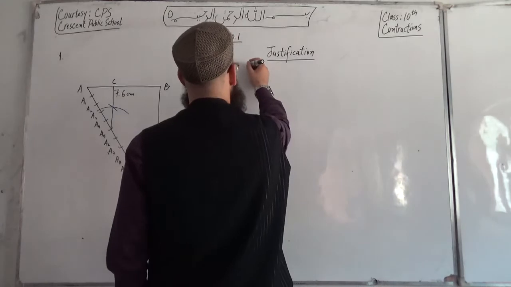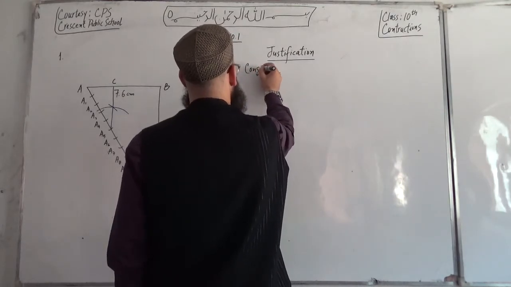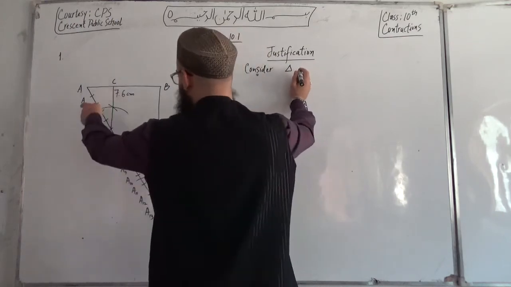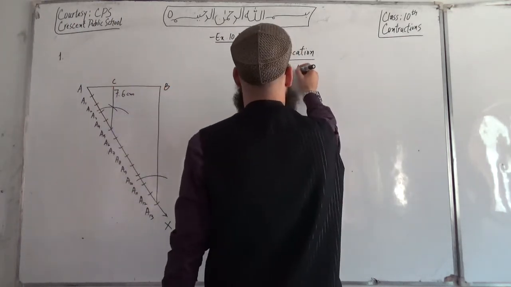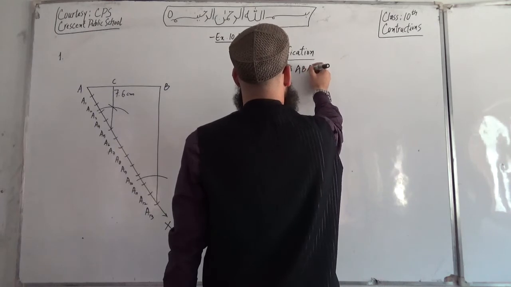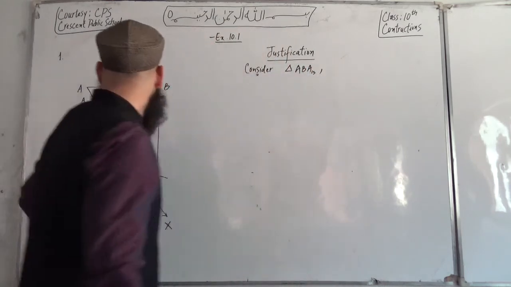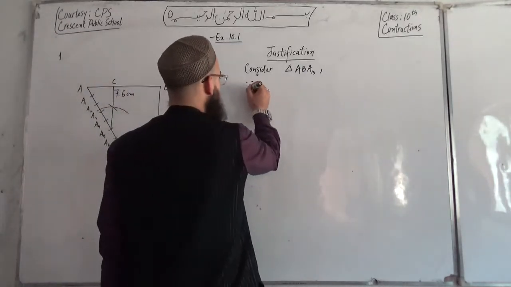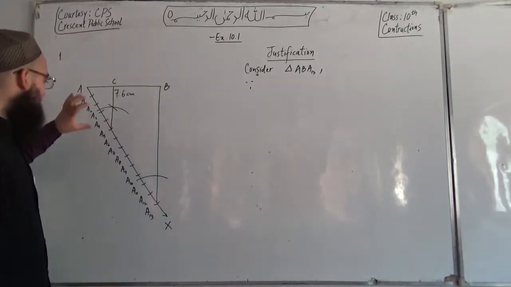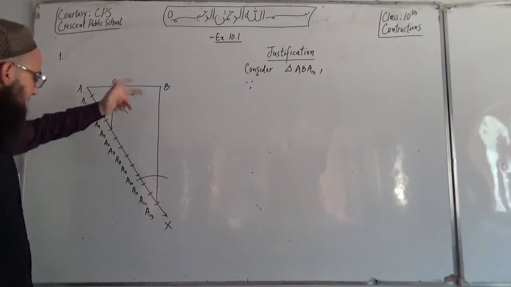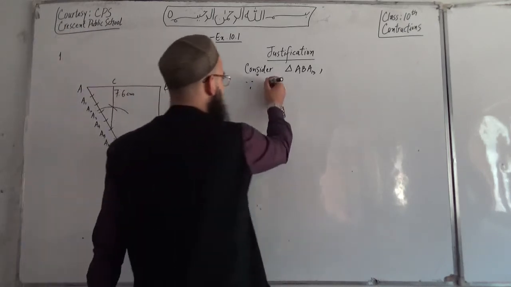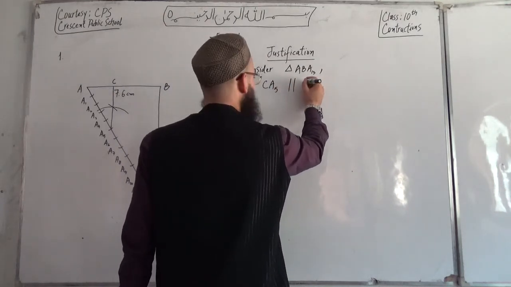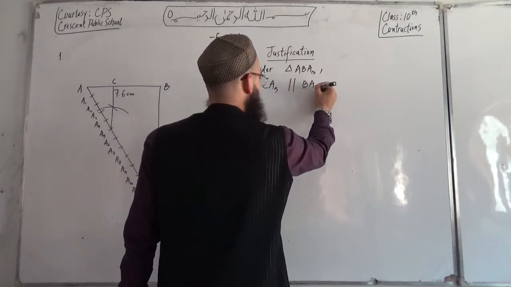See, consider triangle ABA13. Consider triangle ABA13. Since in this triangle what you observe, CA5 is parallel to BA13.